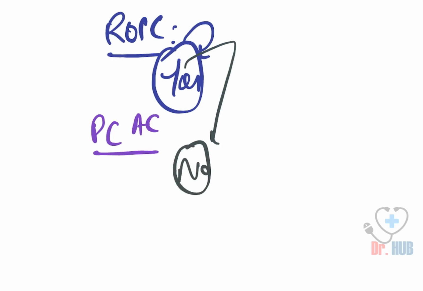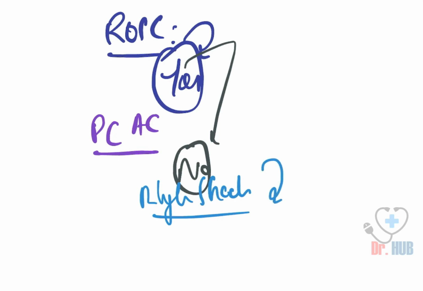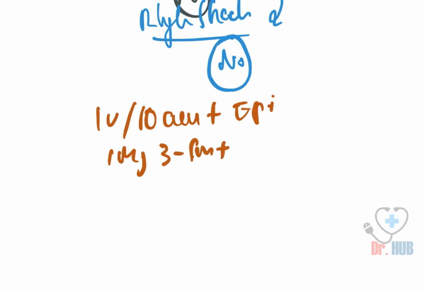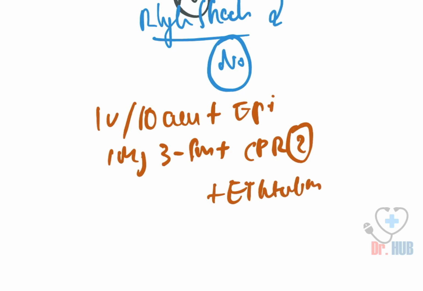In case the answer turns out to be no, it is non-shockable. So we check if the rhythm is shockable or not. In case of non-shockable, we jump back to the initial step, where we saw the administration of the IV or intraosseous access along with the epinephrine ASAP, continuing 1 mg every 3 to 5 minutes along with CPR for 2 minutes and the ET intubation.